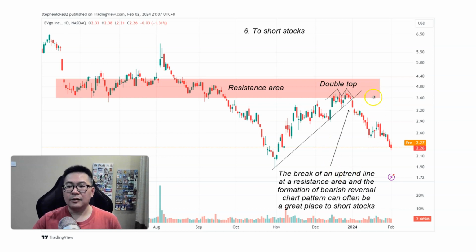Okay, you can often find this a great place to short stocks, and your entry could be just when it breaks the uptrend line. And look, now it's like 226. So a great way to short stocks is to look for a break of an uptrend line at the resistance area.